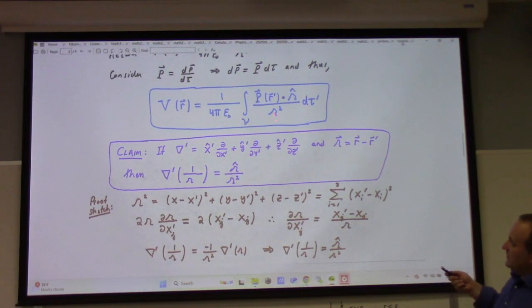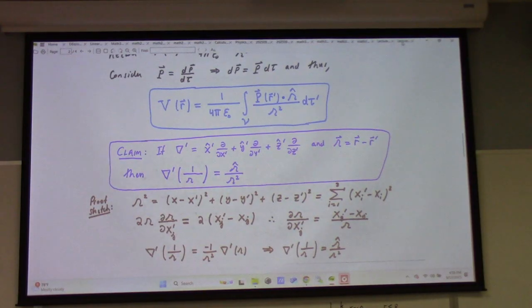So I can trade this script r hat over r squared in the integral for a gradient of 1 over script r, where the gradient is calculated with respect to the coordinates of the source point. Notice that this is a source point derivative as opposed to a field point derivative. That's important because the integration is done over the source points, not the field points.